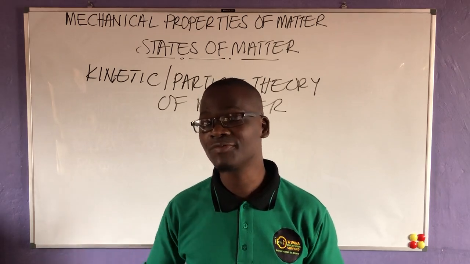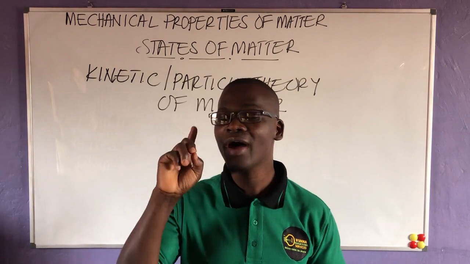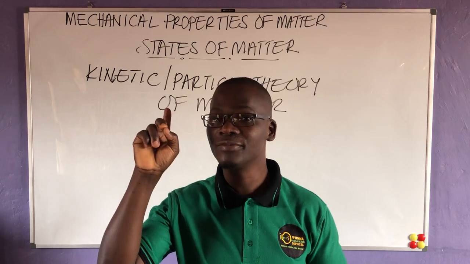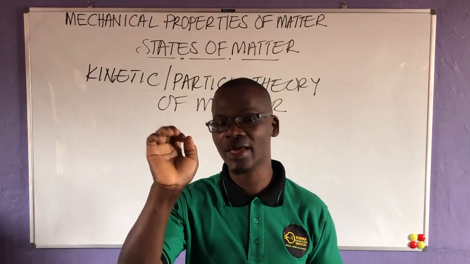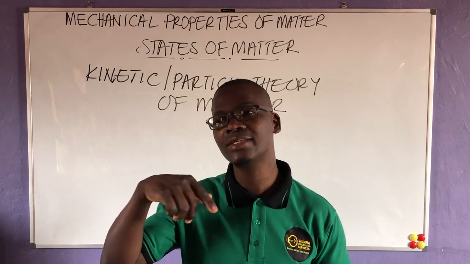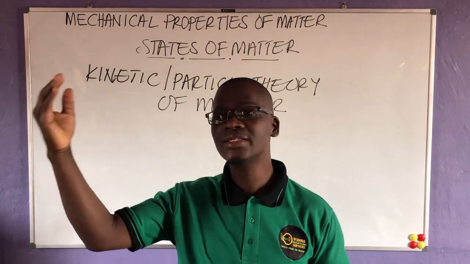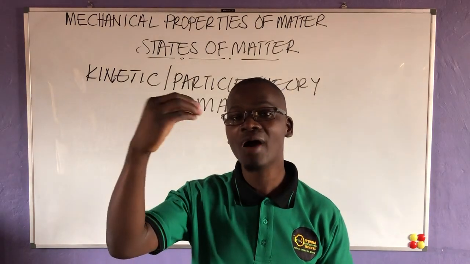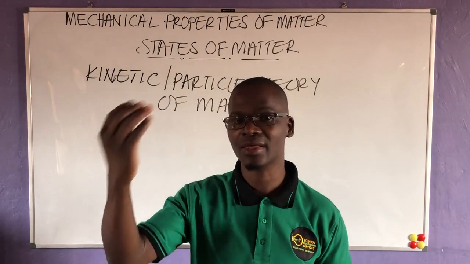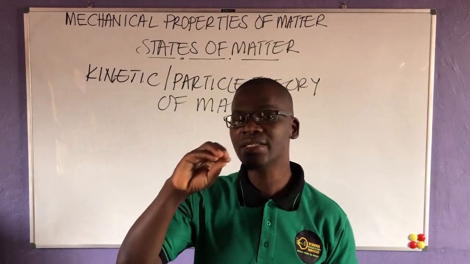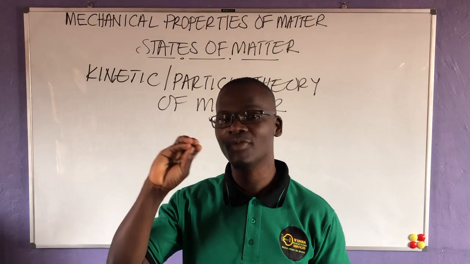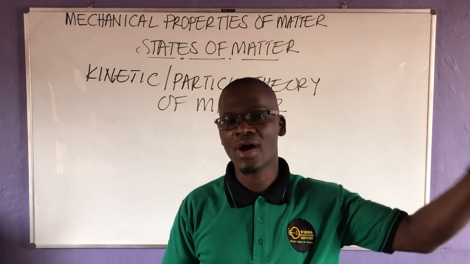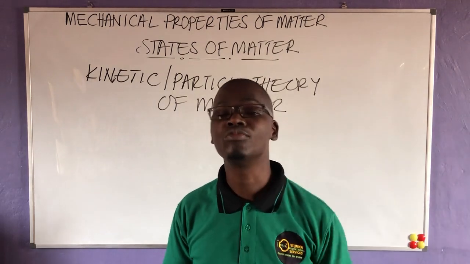For those who use firewood, if at all you have a small leakage on the roof or a hole in the iron sheets, you realize that when the sun rays enter and you observe how the smoke is moving, you realize that these white particles of smoke are in constant movement around the room.